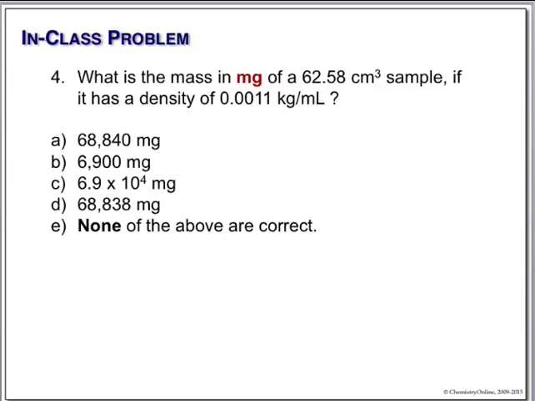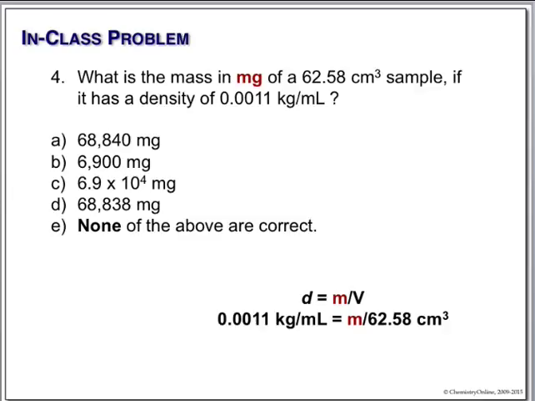Here we have a density in kilograms per mil again. We're looking for a mass in milligrams. And we have 62.5 cubic centimeters. Again, we're looking for mass, just like the one we just did. Going to substitute in. Here's our density.